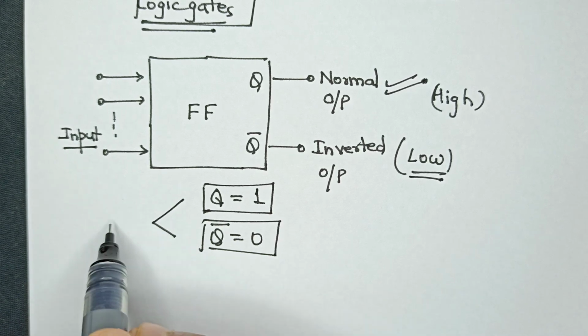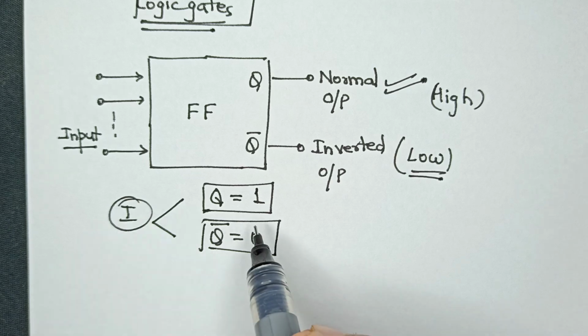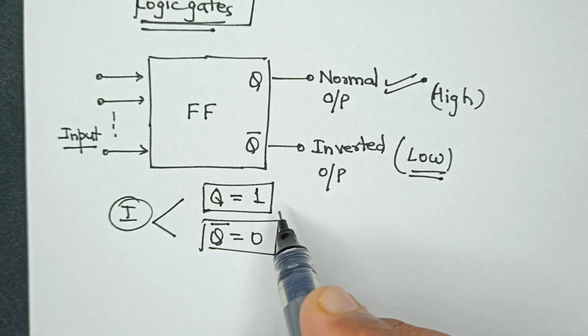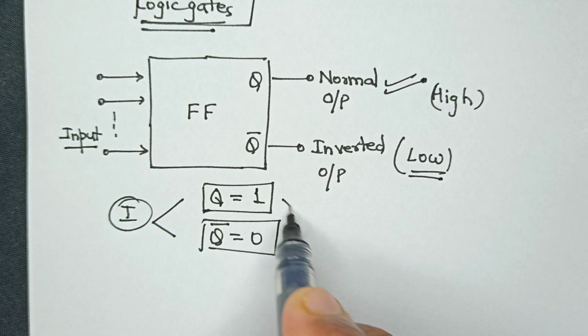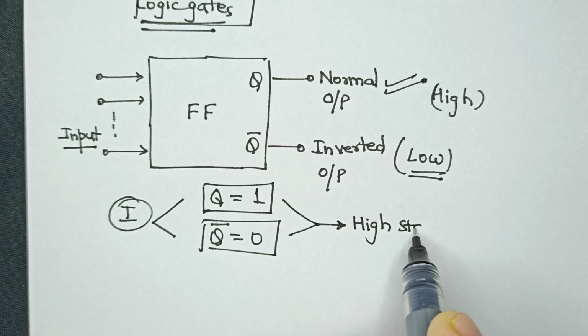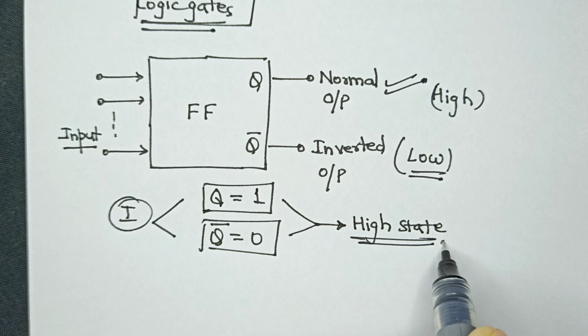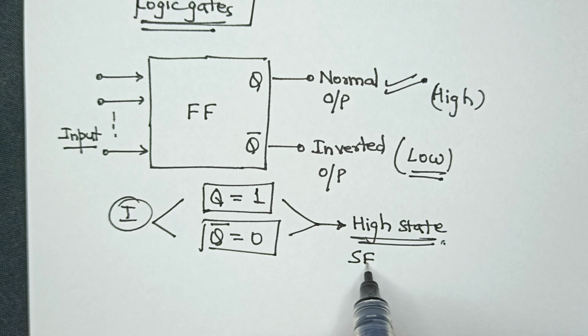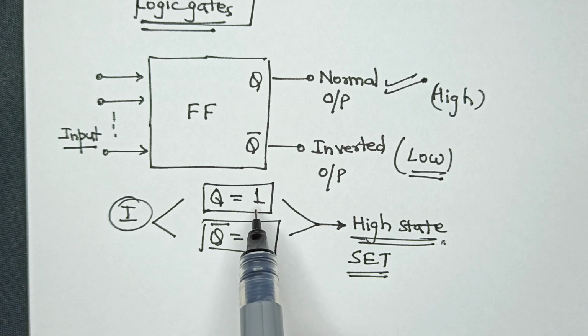This represents the first case, or case number 1, whatever you would like to call it. The state Q equal to 1 and Q bar equal to 0 is called the high state of a flip-flop, and it is also known as the set state. In the set state, the normal output gives binary 1, and Q bar gives the output 0.